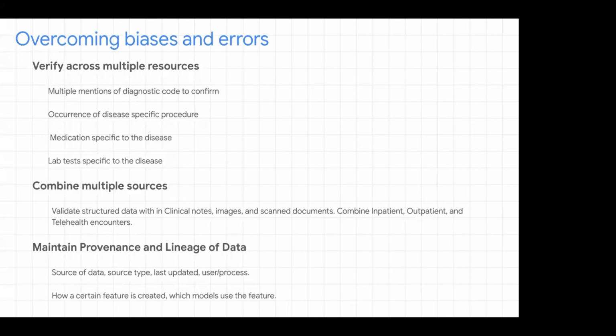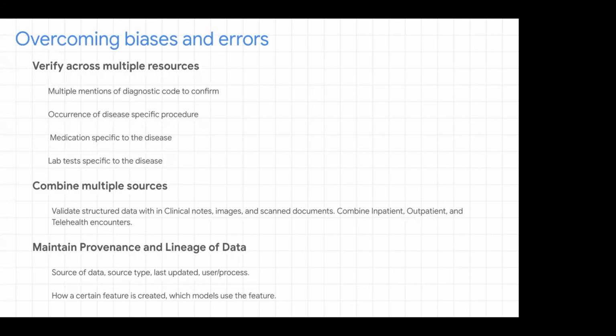The second important thing is you can combine multiple sources, like combining structured data from EHR systems with scanned documents, etc., so that you have a complete picture of the patient. And maybe in some cases, you have to go back and see who is not coming to the hospital in your community. That would be a good data source as well.